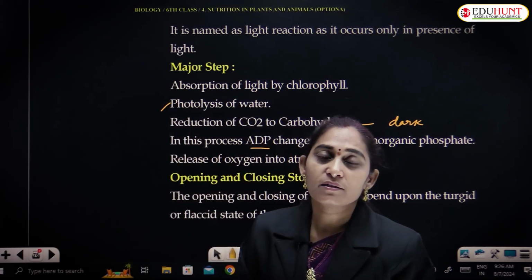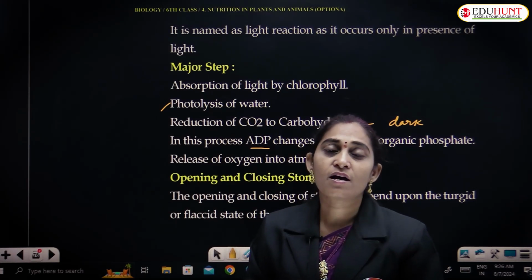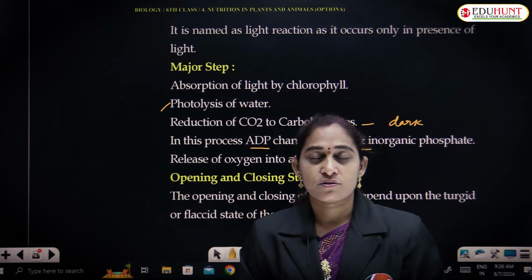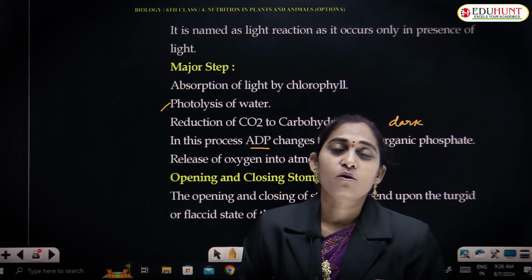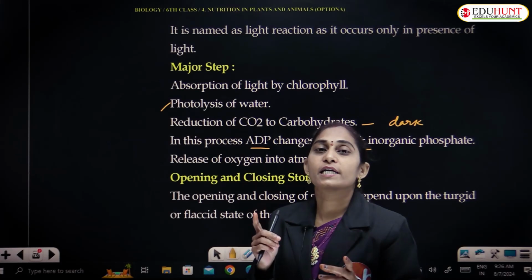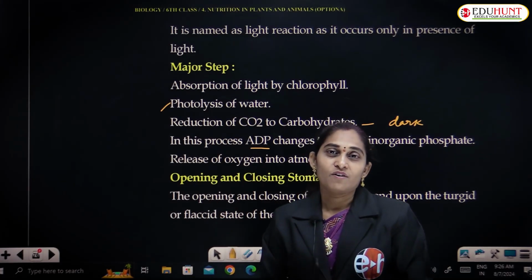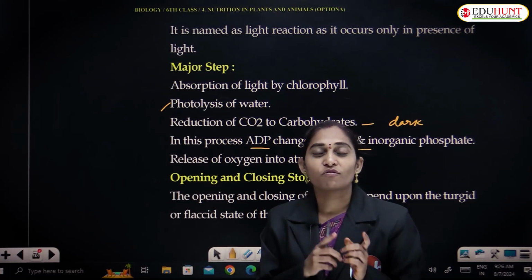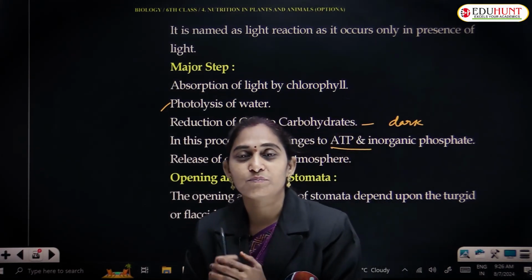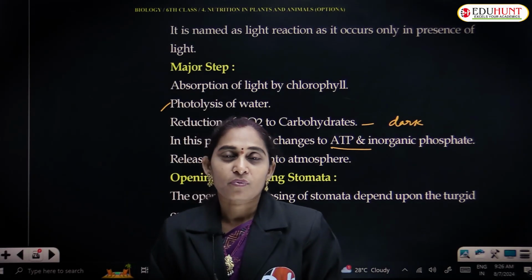Stomata are nothing but tiny pore-like structures meant for exchange of gases and also for transpiration. What is transpiration? Transpiration is nothing but loss of water in the form of water vapor from the aerial parts into the atmosphere. This is called transpiration.